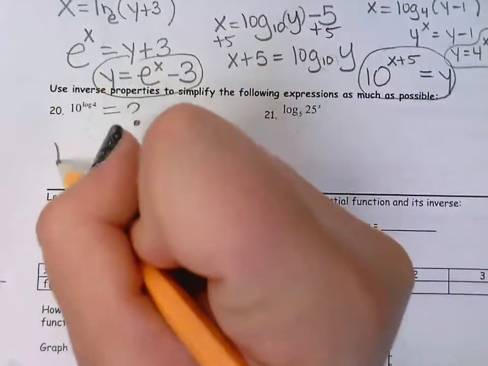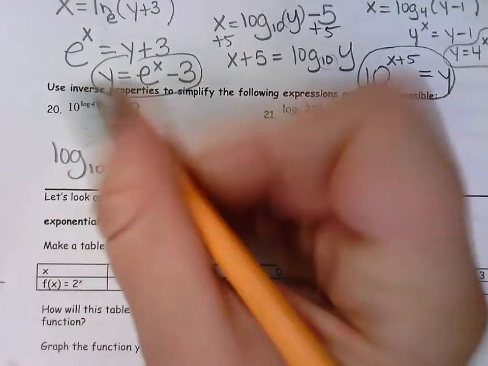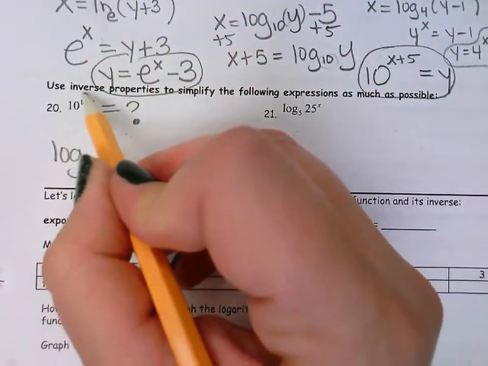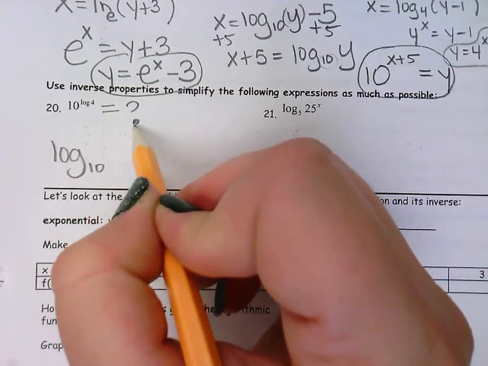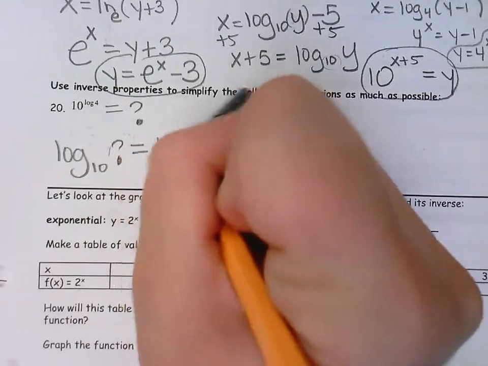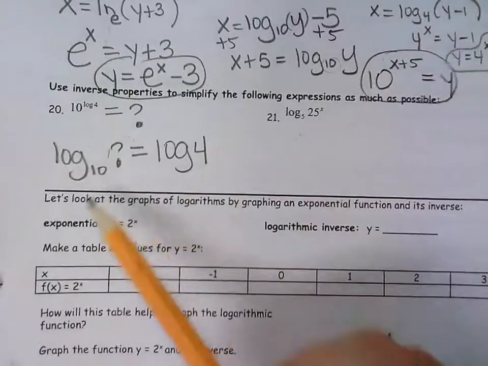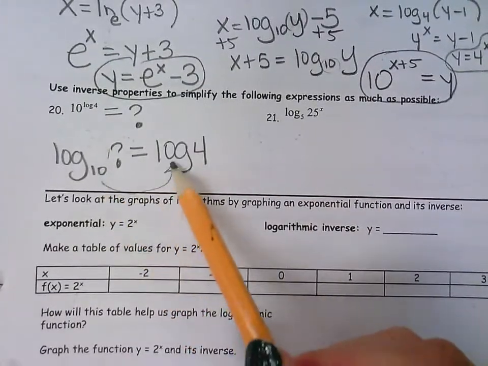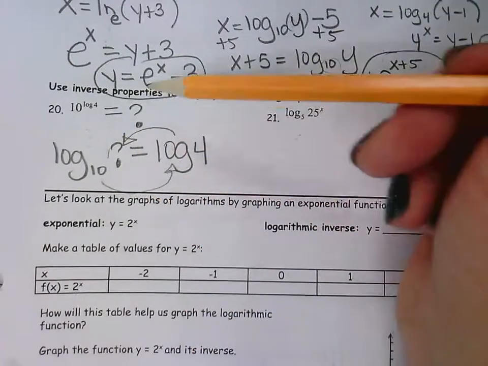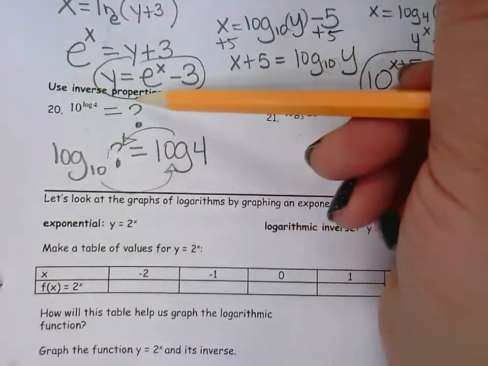So the base would be 10, right? So 10 to this power equals question mark. So question mark goes here and log 4 goes over here. 10 raised to this power gives me question mark. So I'm just changing from, this is an exponential expression.